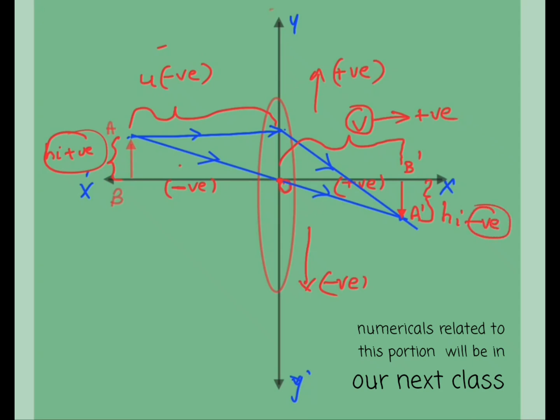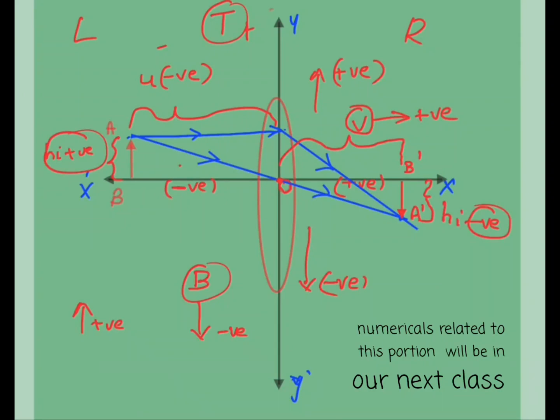Or you can keep in mind: erect or straight, whether it is object or image, we take it as positive. If it is an inverted one, we take it as negative. Okay, so that is to be kept in mind. Left is negative, right is positive, top is positive, and bottom is negative. Okay, so if you have that in your mind, then it will be easy for you to follow the other conventions.